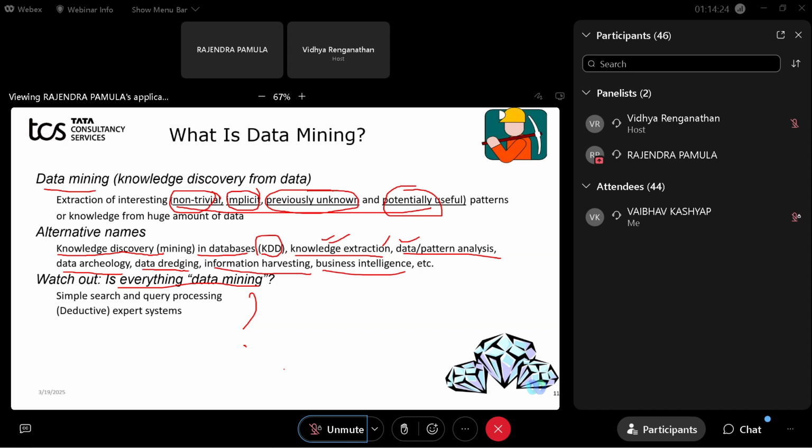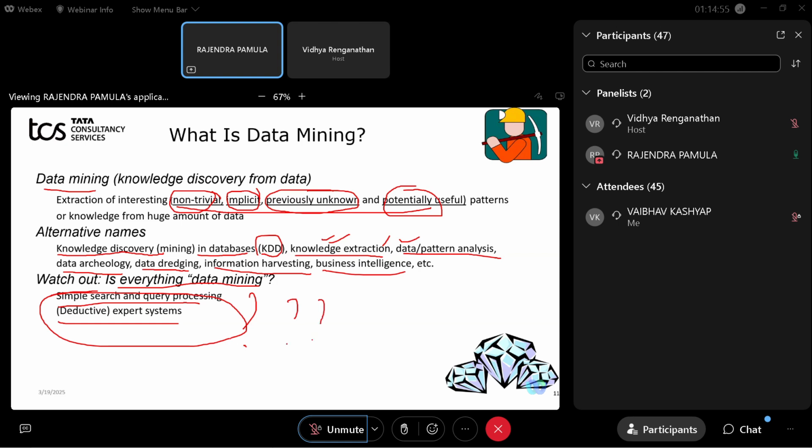We cannot say that a simple search, query processing, or deductive expert systems, a simple processing, is what we call data mining.